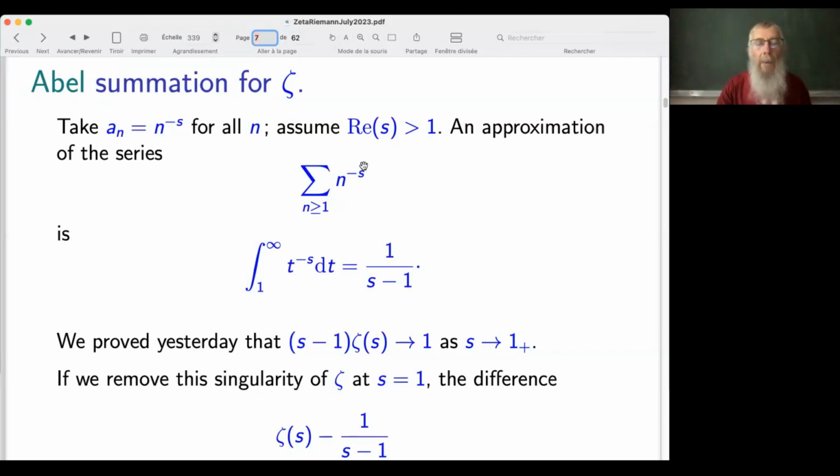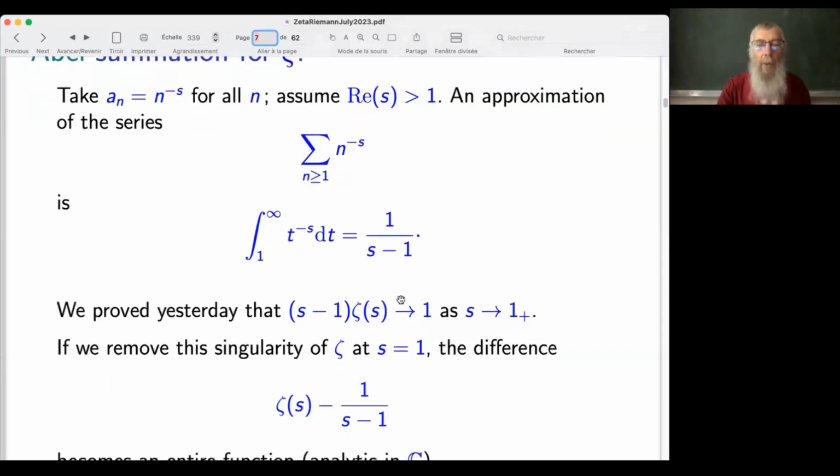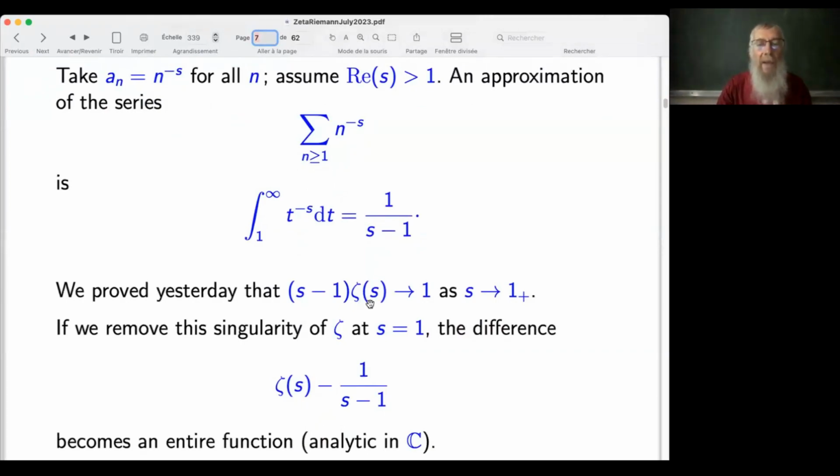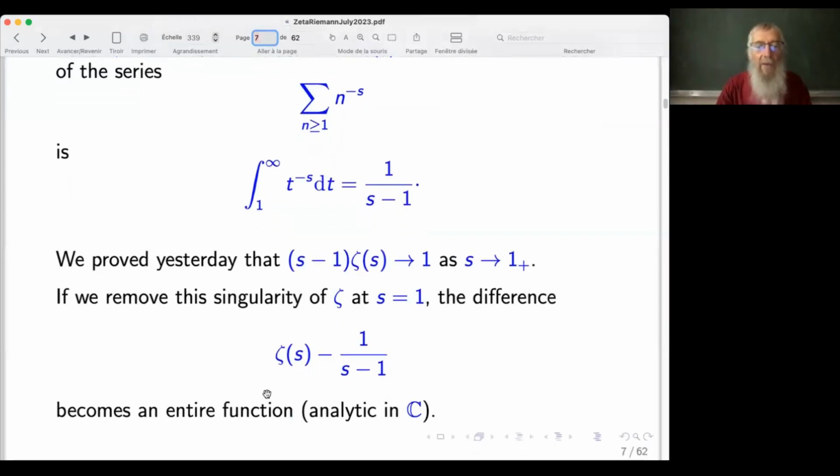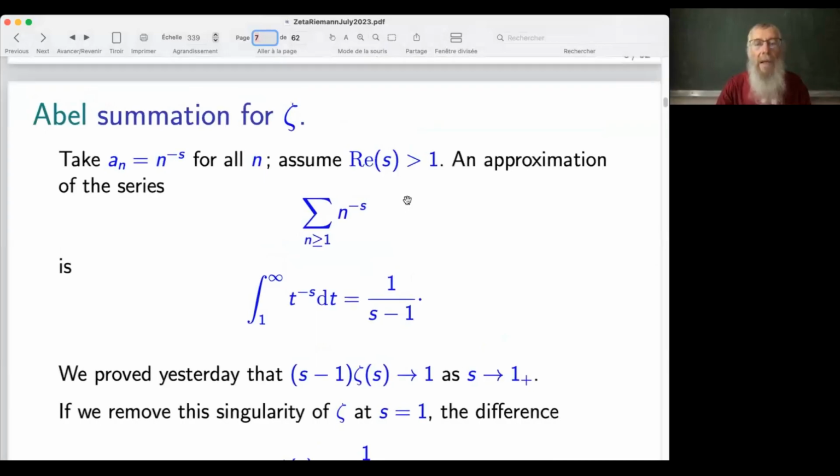You want to approximate this series, and an approximation by Abel summation is the integral of t to the minus s dt. But this integral is 1 over s minus 1. We saw yesterday that (s minus 1) zeta(s) tends to 1 as s tends to 1 by taking values with positive real part. And if we remove this singularity, the difference becomes an analytic function in C. So this comes also from Abel's summation formula.